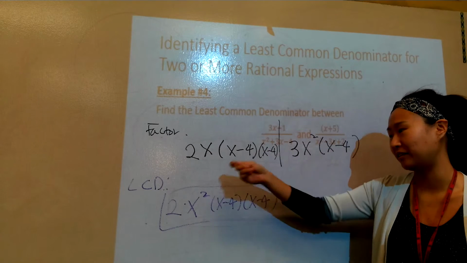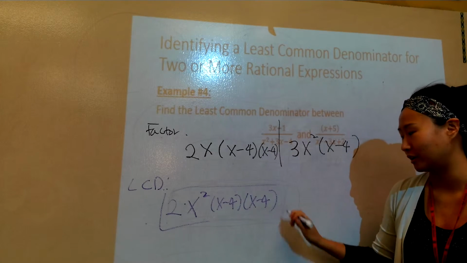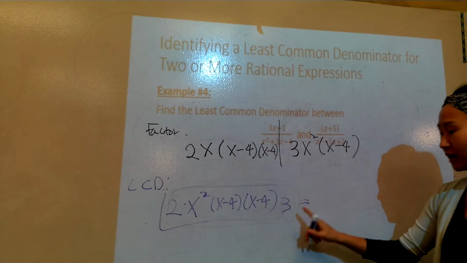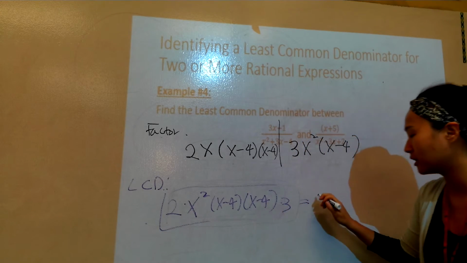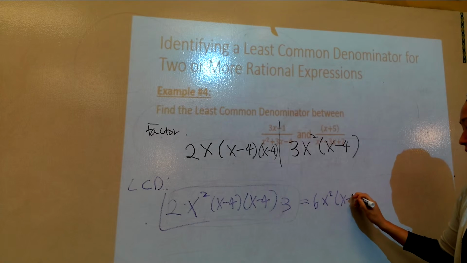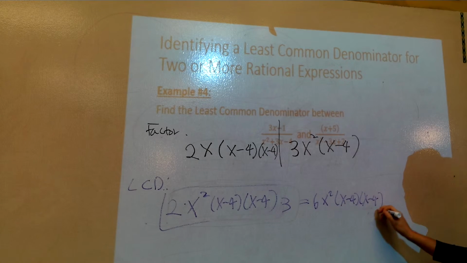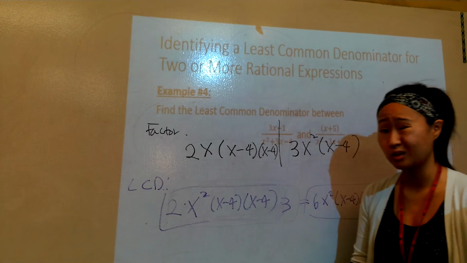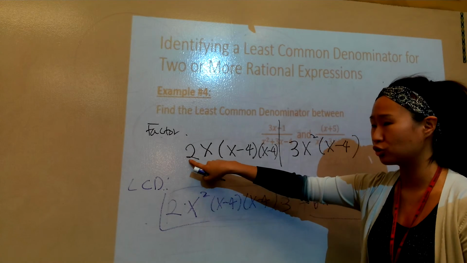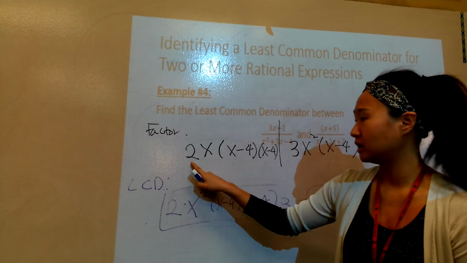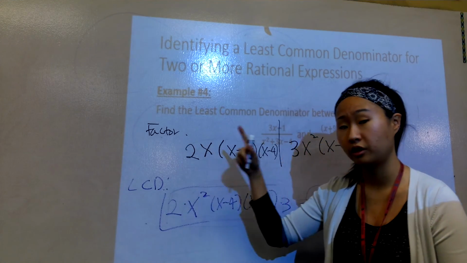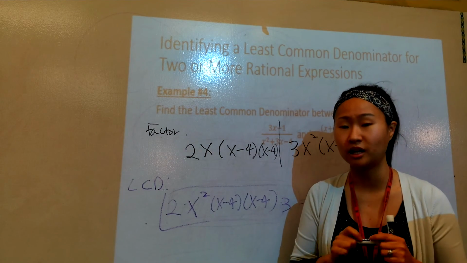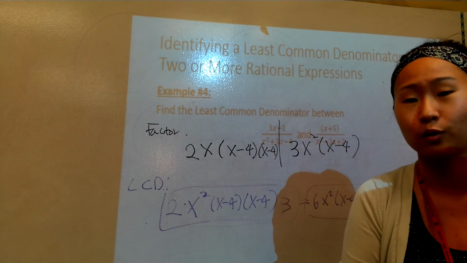I have one 3, I have no 3 in the other, so I need 3. That looks a little messier. In fact, I can multiply 2 and 3 together. 6x squared, x minus 4, x minus 4 is the least common denominator. Doesn't it make sense with your numbers only? Like I look at 2 and 3, the least common multiple of 2 and 3 is 6. Okay, so that is how you find the least common denominator. And let me look at a specific question with you.